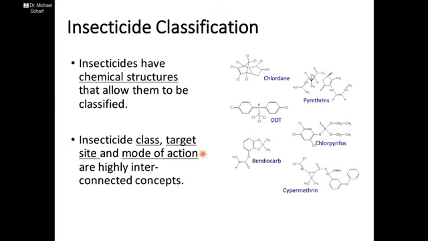And on the flip side, at the same time, not impacting non-target organisms like mammals or people and pets, for example. We're in an area where we have very specific insecticides, and that's kind of exciting.